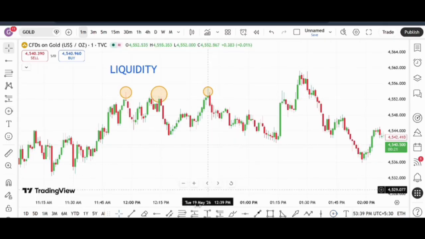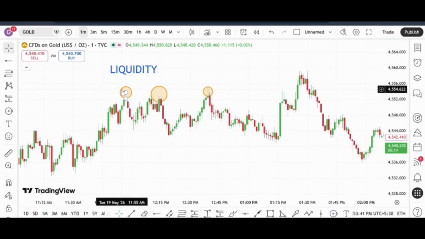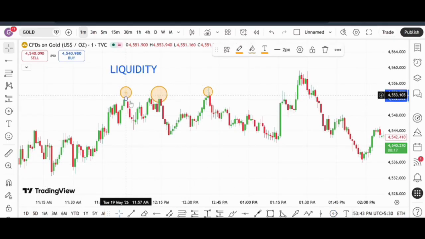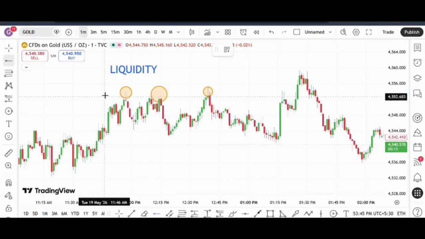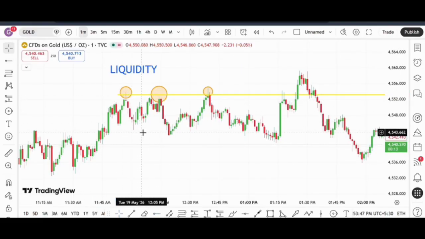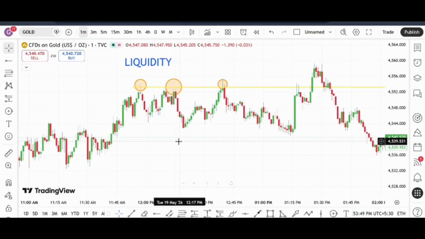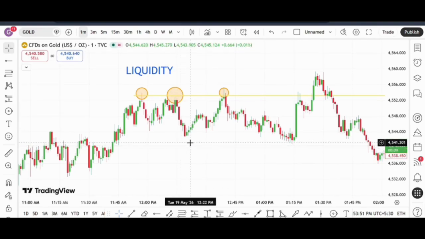Okay, here you see this is the equal high zone, right? Now, what do most beginners think? They think if this high breaks, the market will go bullish.